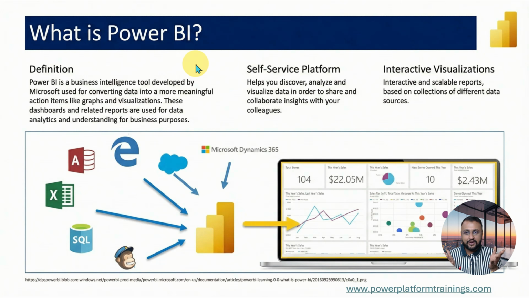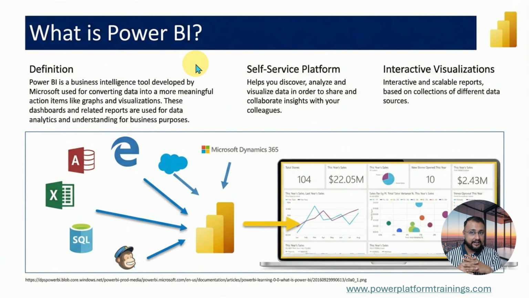So whether you are running a marketing firm, or a finance company, or just any kind of operational agency, it's a one-stop solution for you. You can see all your actionable data and insights in one central place. It can integrate with any data source.